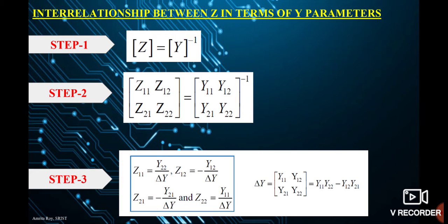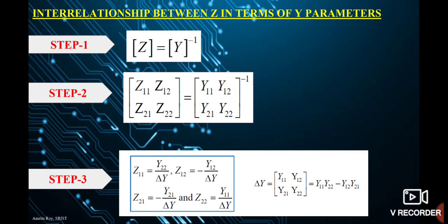So for calculating the Z parameters in terms of Y parameters, we will find the determinant of Y, and put the determinant value of Y in the denominator.